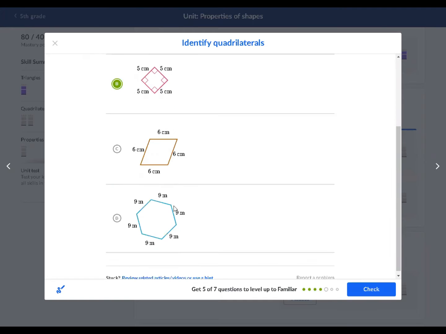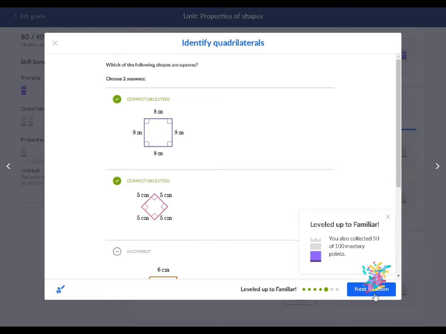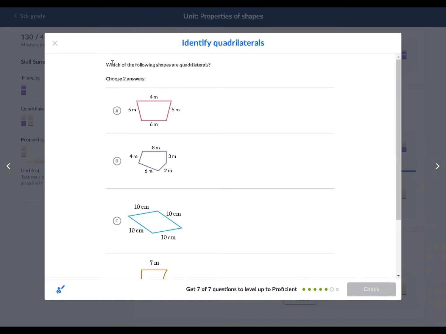Which of the following shapes are squares? We would easily answer this because we have done this before. Those both are squares because all the sides are equal and all the angles are right. Which of the following shapes are quadrilaterals? Whichever have four sides, 1, 2, 3, 4.